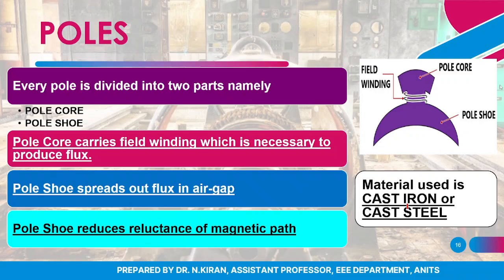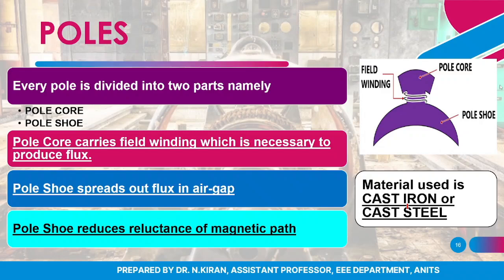The main function of the pole core is that it carries the field winding, which is necessary to produce flux, and the pole shoe has two main functions. The pole shoe spreads out the flux in the air gap, and the second function is that it reduces the reluctance of the magnetic path.